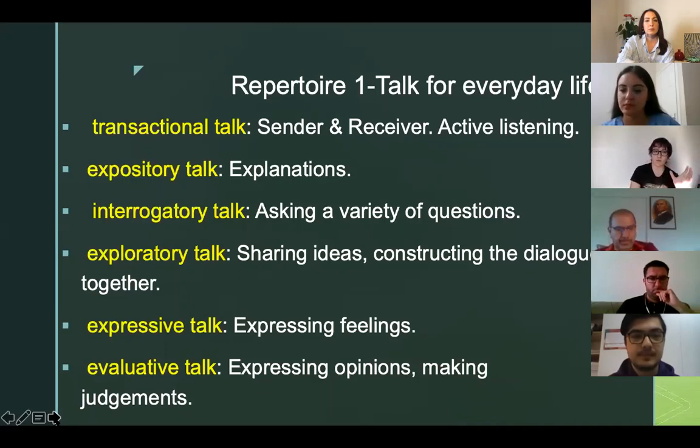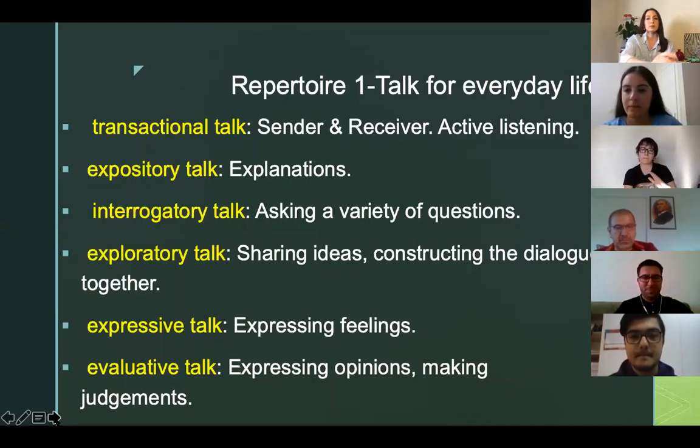Okay, then let's start with the first one, transactional talk. It's about sender and receiver. For an interaction to happen, right, we need a sender and we need a receiver. Because the messages are transferred between these two sides, then active listening happens. It's a very basic step. Okay, what about expository talk?